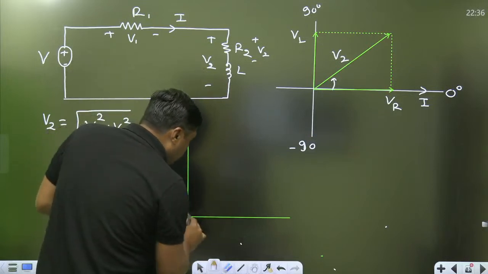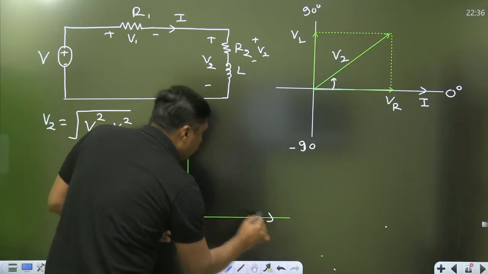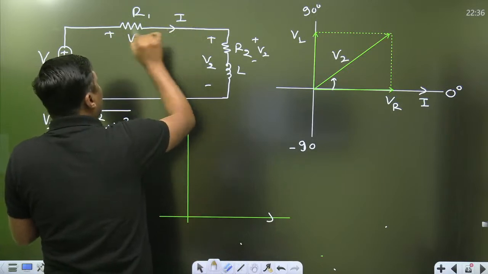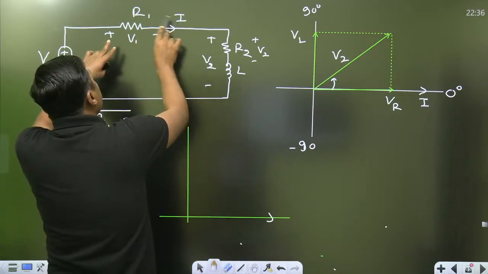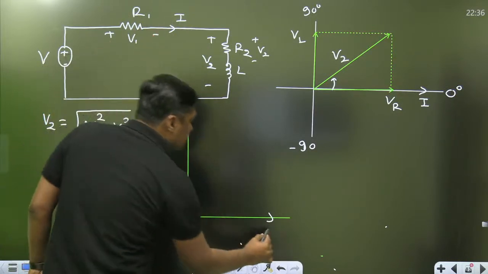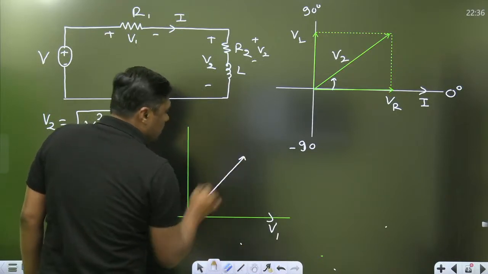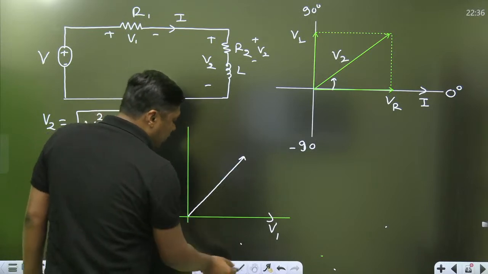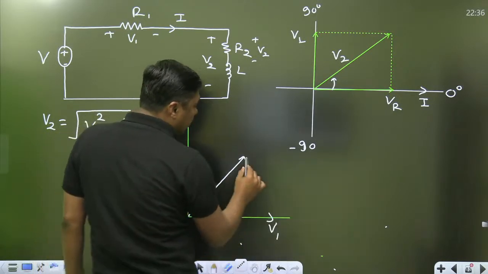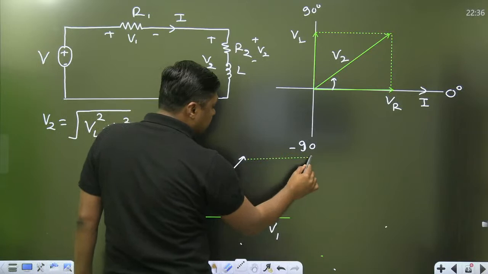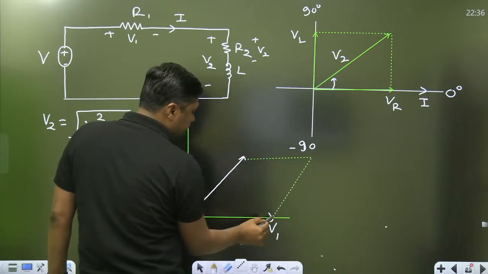V1 is the voltage across this branch. Because the same current will flow, the phase difference between I and V1 will be 0. So this is the V1. Now this is the value of V2. If you have the idea about the phasor, then you can find the resultant, and resultant is also given.